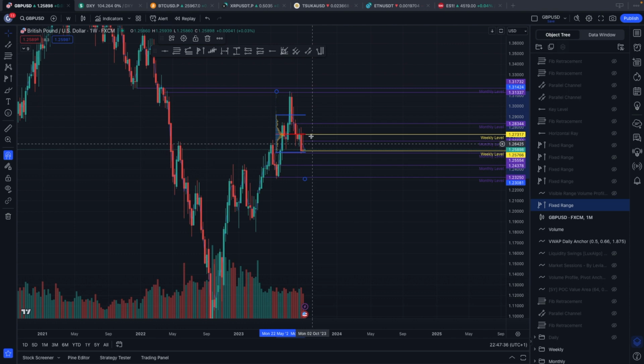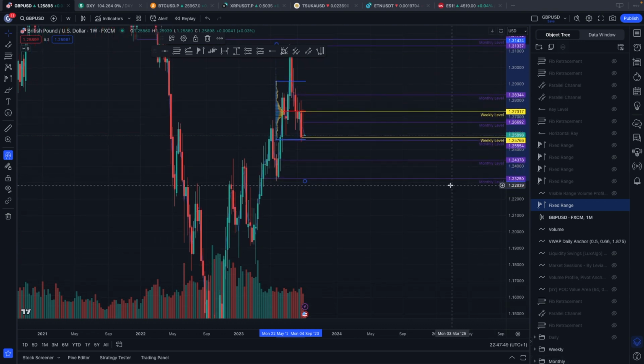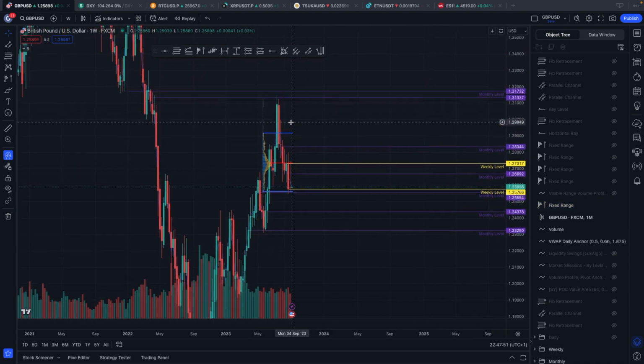The point of control, as you can see, is that weekly there, and the bottom of the value area range is still below us. So that's one possibility of liquidity. The point of control is where there's the most amount of trade, so the most amount of volume. And these are the value area low and the value area high of the range. As you can see, we've got a point of control on that weekly, lining up with absolute perfection.